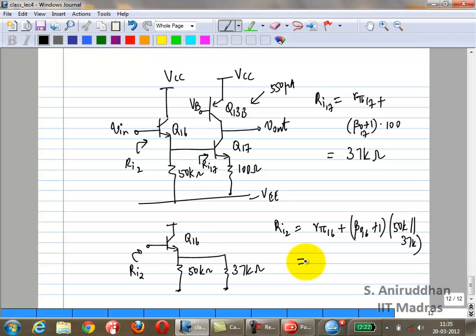Yeah, we always do that, right? When calculating input impedance, we always neglect RO. When calculating transconductance, we always neglect RO. Right? Only when calculating output impedance, we take into account RO. 16.2 microamps is the bias current of Q16.